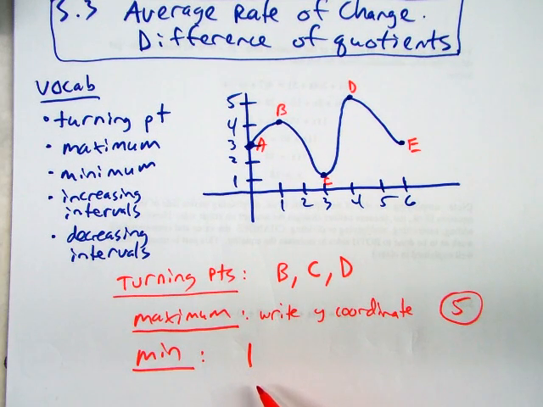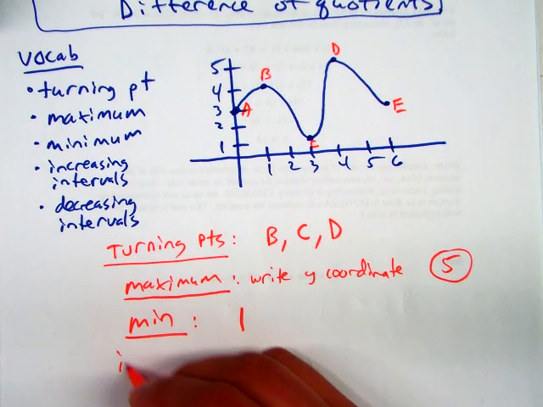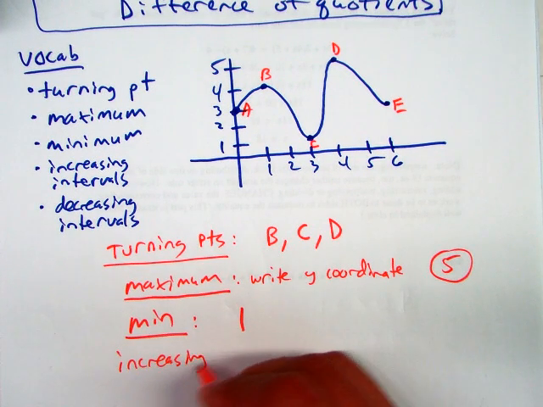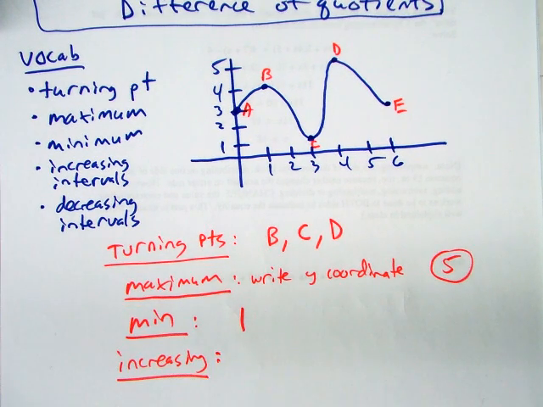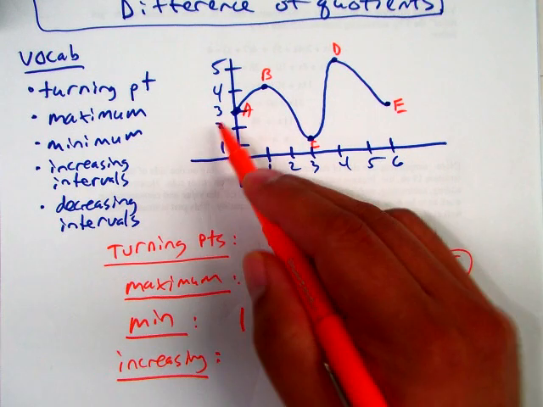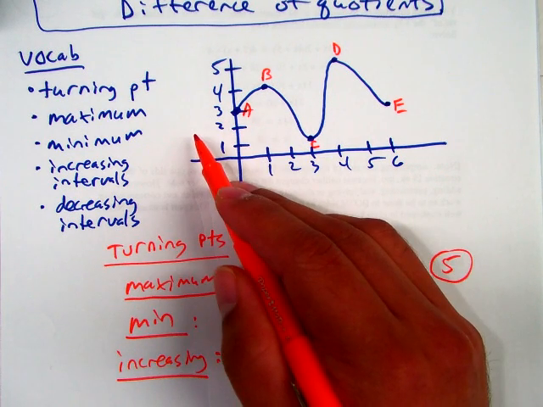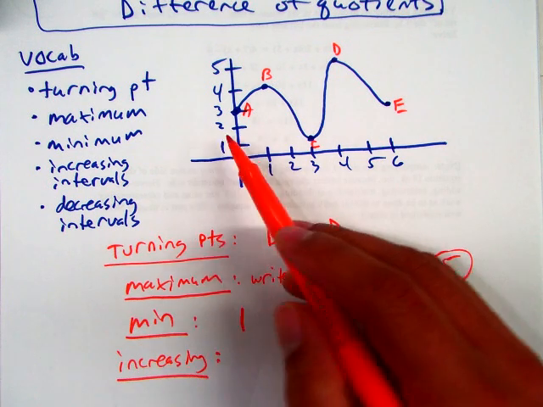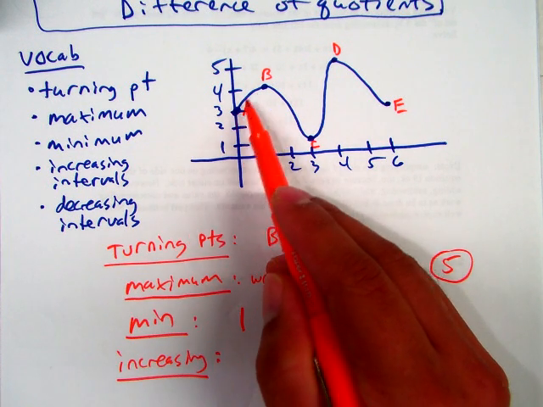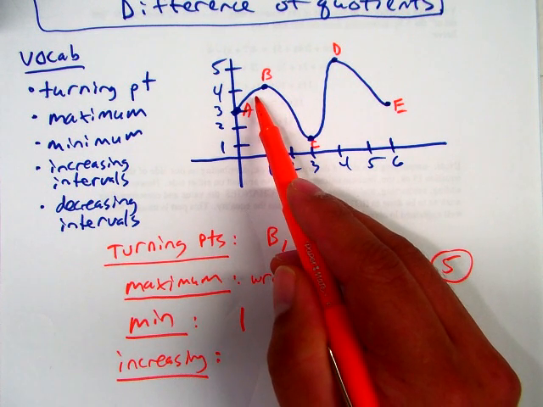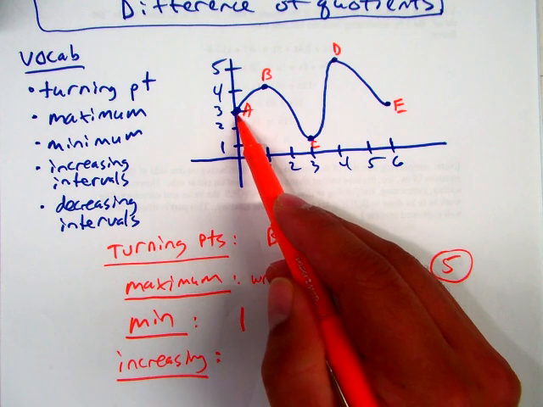Okay. Increasing means as we read the graph, just like a book, from left to right, the graph is going up. So from what point to what point is it increasing? From A to B. Now let's translate that to x's. What's x here? Careful.